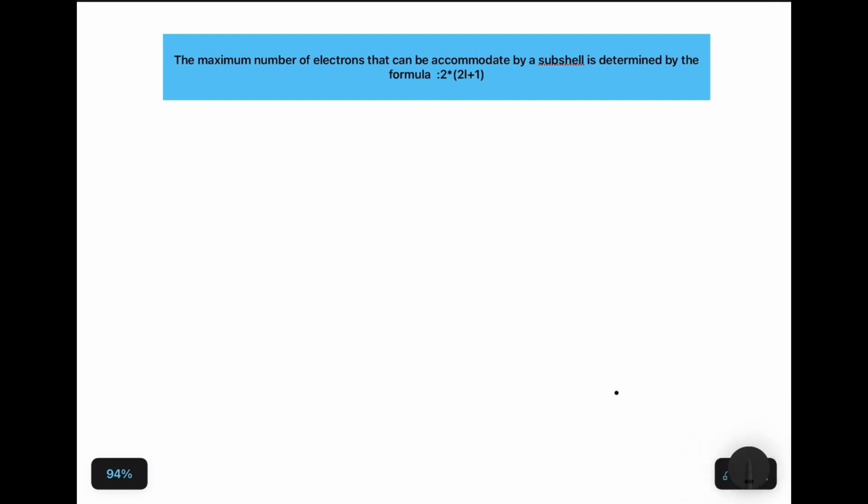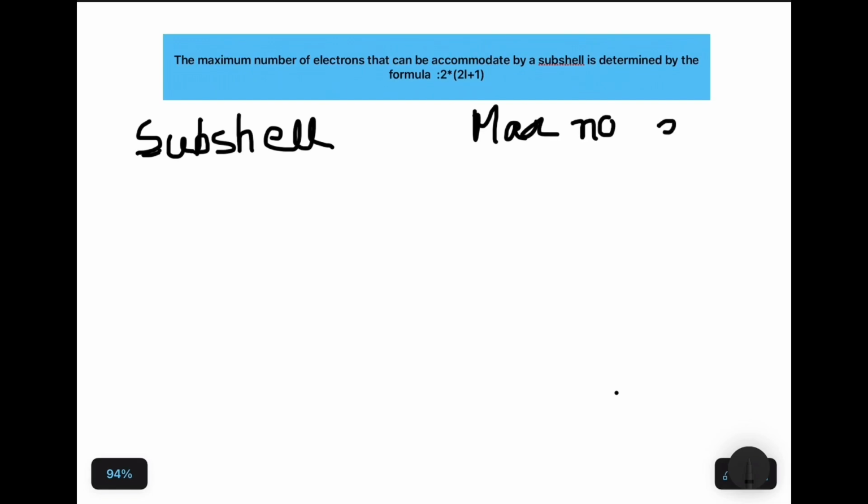On the left hand side, I am going to write the name of subcells, and on the right hand side the maximum number of electrons present in each subcell.